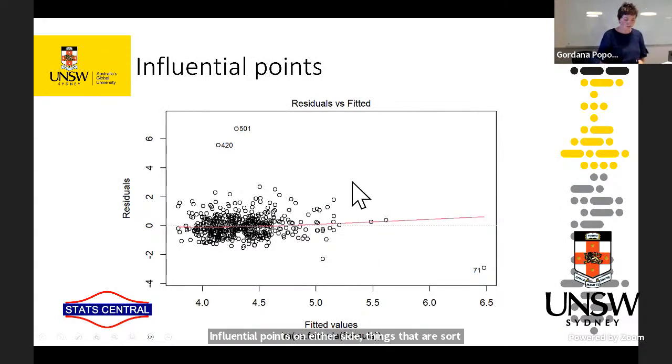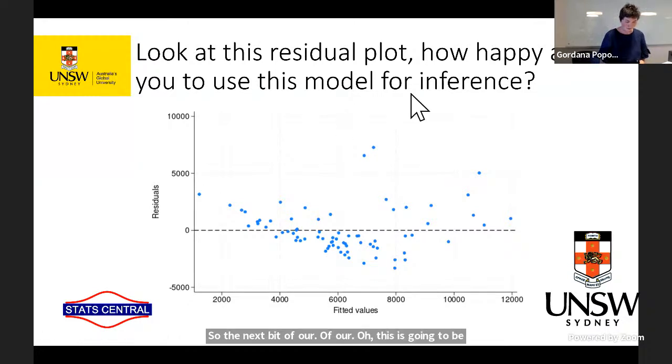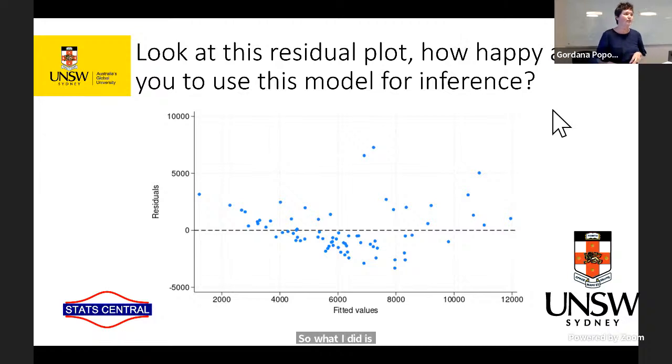Okay, so the next bit is going to be interactive. What I did is I asked a bunch of statisticians, I think I've got a sample of 6, most of them in this room, this question. I said, look at this residual plot.